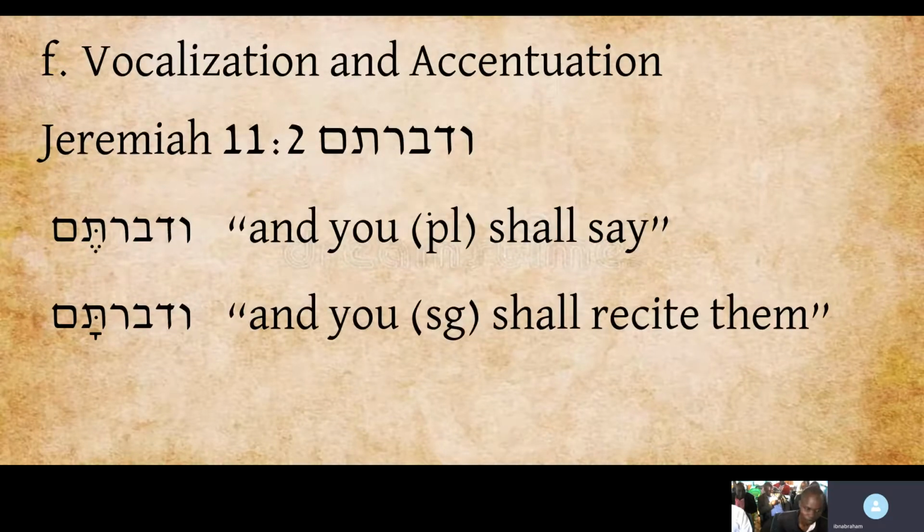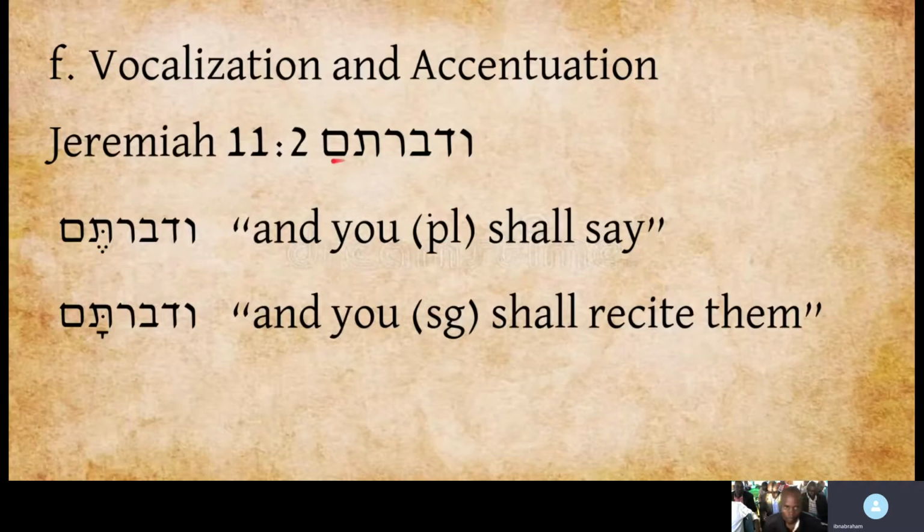Then there's differences like this. Now, if you remember, the Hebrew Bible is basically a consonantal text. So in Jeremiah 11, verse 2, you have this word with a Vav, Dalet, Beit, Resh, Tav, and Mem. Now, the root here is dabar, to say or to speak.